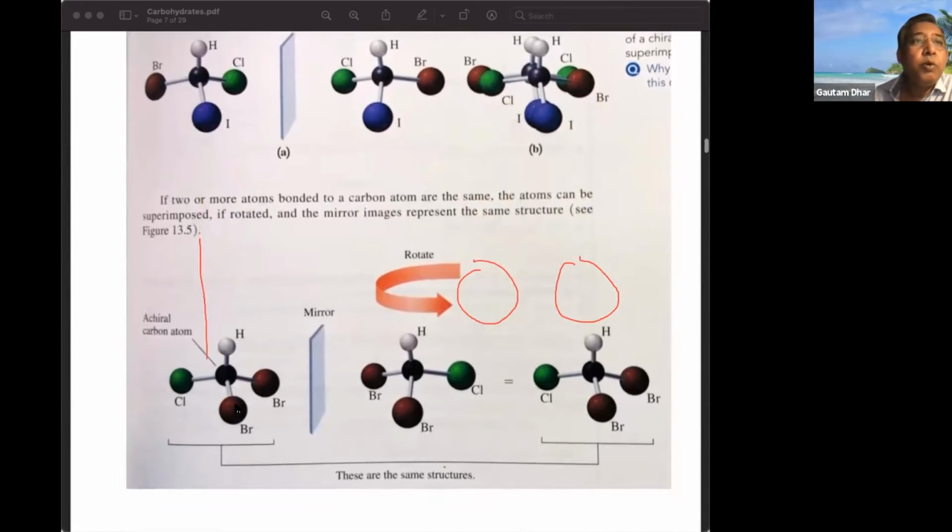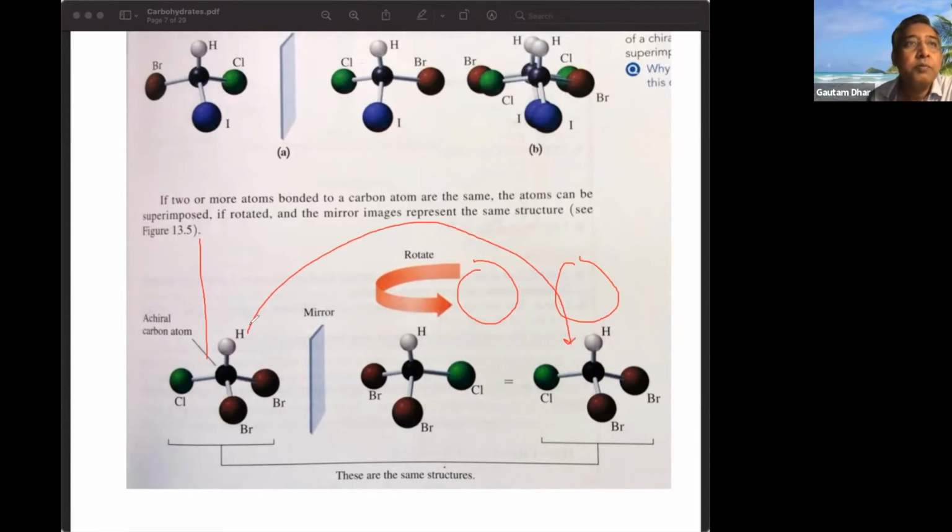But if you have two bromines, that means if the four groups attached are not all different, then you can superimpose. So here you are turning the molecule so that you can superimpose. And if you rotate it like a top, holding the hydrogen, they are equal. So this molecule here and this molecule here are the same.